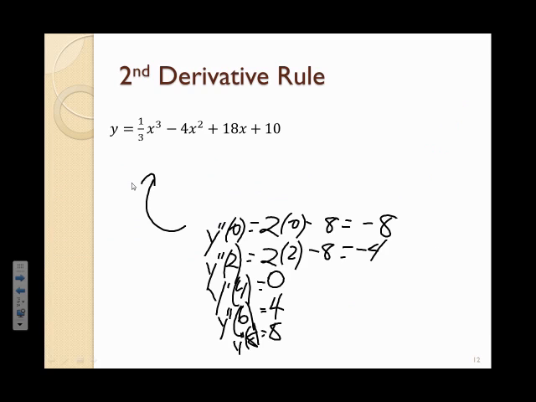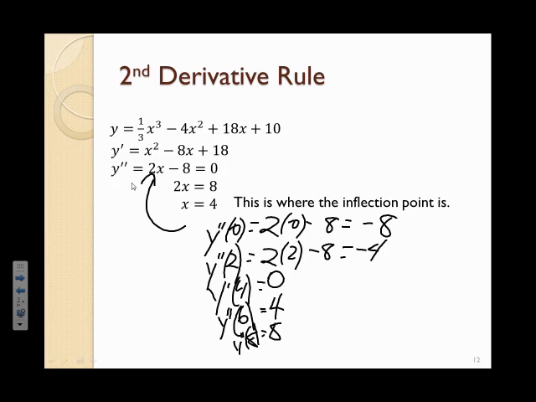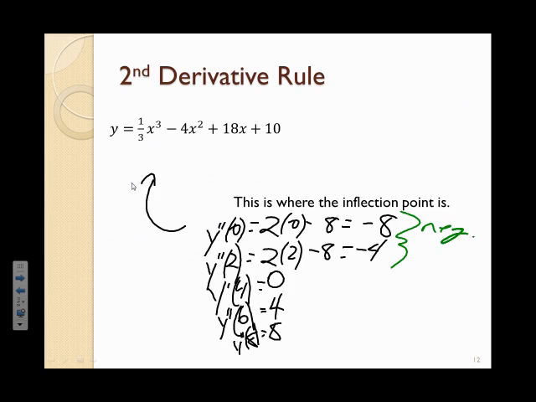When we looked at each point, we found the slope of each line; that's what those values were. So when we come into this kind of situation, we realize that when x is less than 4, when the values are 0, 1, 2, 3, and so on, all of the values are negative, so it's going to be concave down.